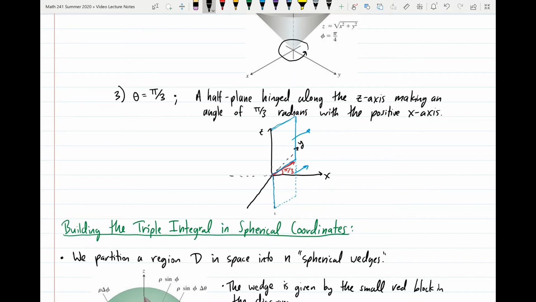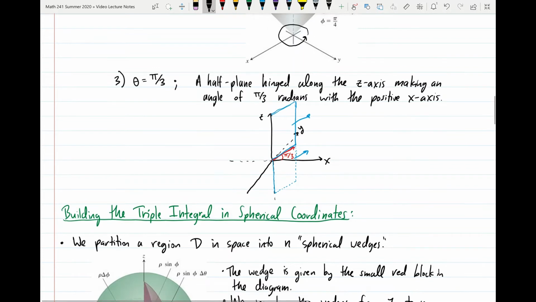But rho is not going to be bounded, meaning that the ray can go off infinitely. And we also have that phi is not bounded. So you can think about the fact that phi is not bounded means that you also have rays that look like this, all the way from 0 to pi.